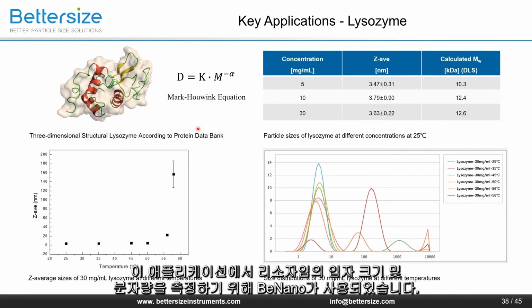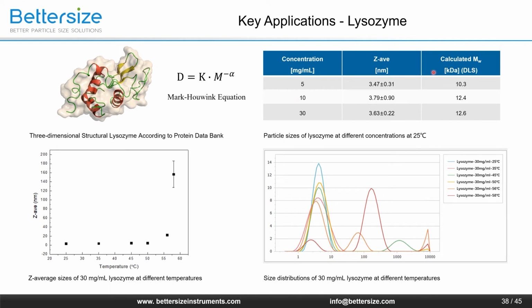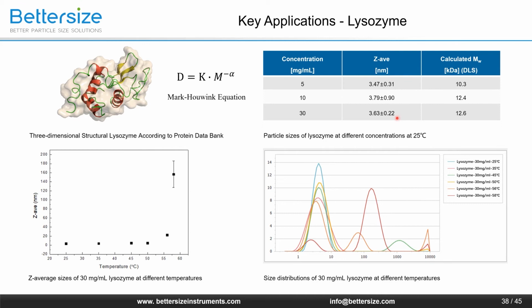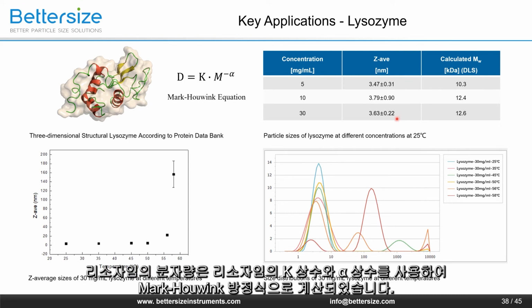The BeNano was used to measure the particle size and molecular weight of lysozyme in this application. As shown in the table, the particle size was measured to be around 4 nanometers. The molecular weight of lysozyme was calculated through the Mark-Houwink equation using the kappa and alpha constants of lysozyme.